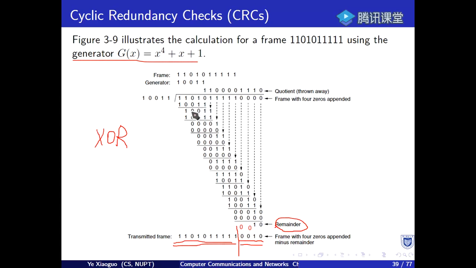So 0, 0 gets 0. 1, 1 gets 0. 0, 1 or 1, 0, we get 1.